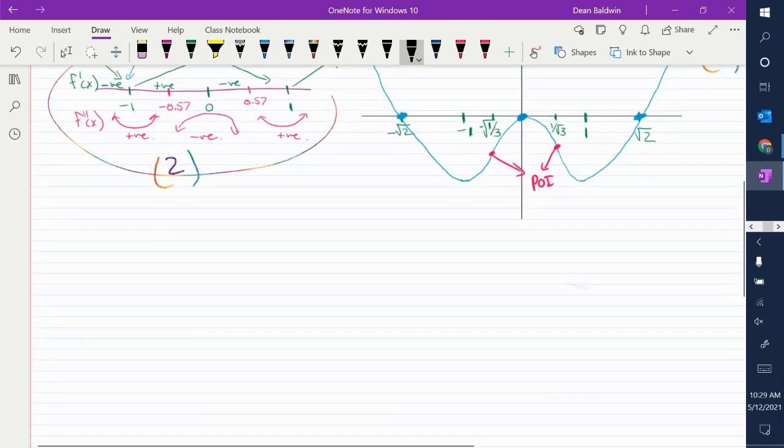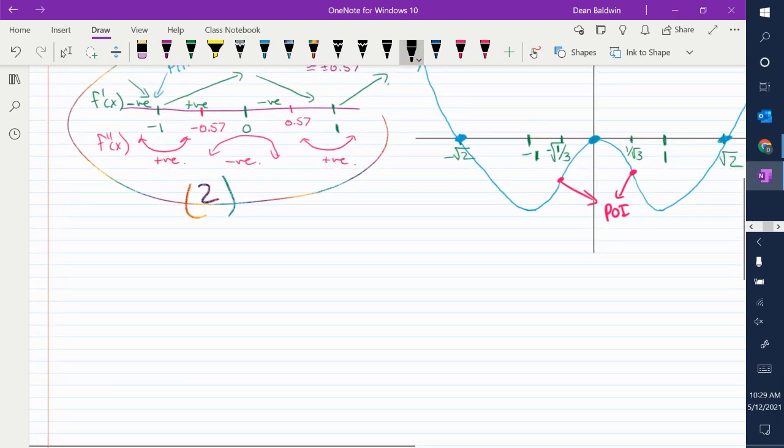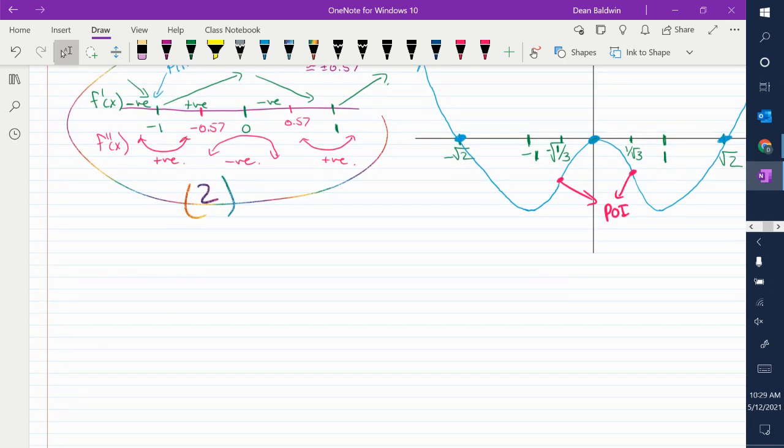So here we go. We're going to sketch f of x is equal to 12 over 5 x to the 5th minus 4x cubed plus 1. I will tell you the x-intercepts, because to find them is going to be a little ugly.